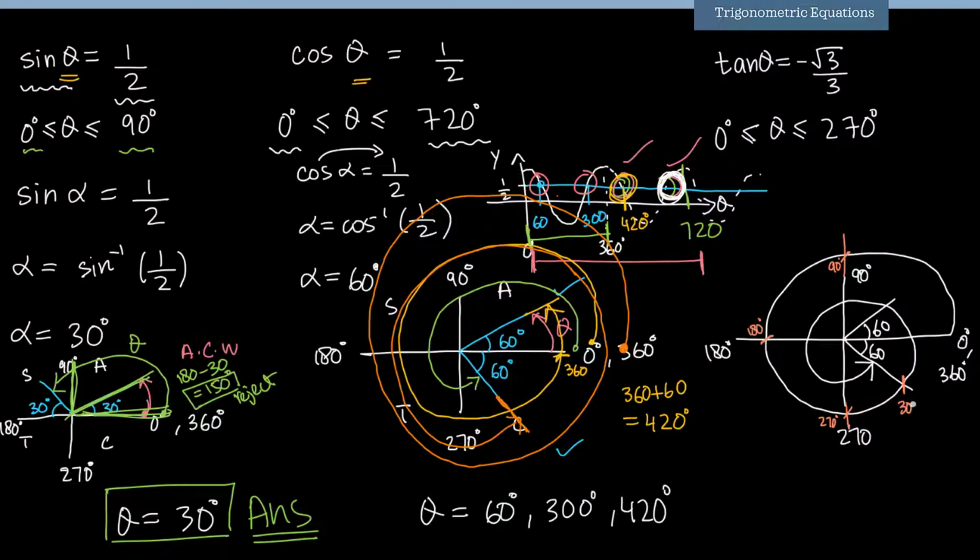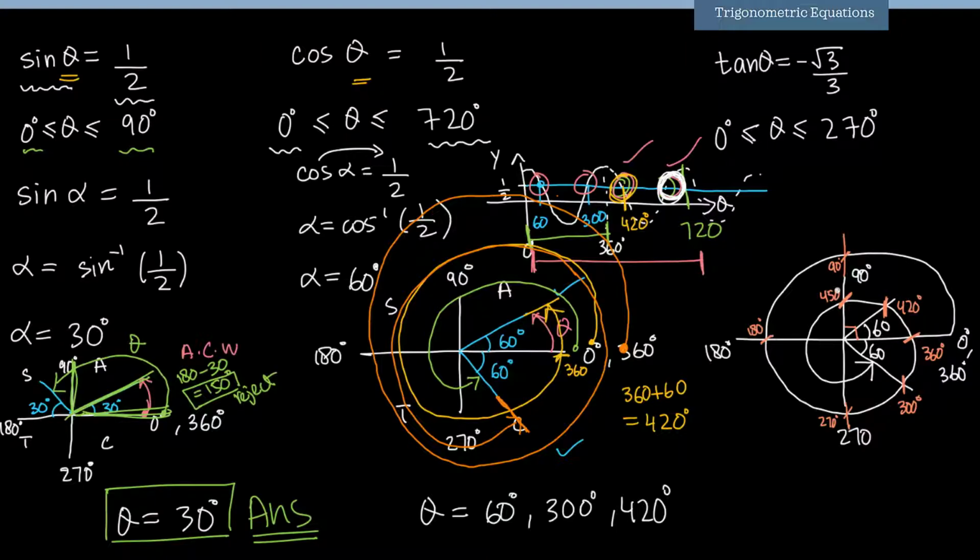So 300 here, and at this point, this is one complete cycle. So at this point, I would get 360 degrees. And at this point, which is 60 degrees greater than 360, I would get 420 degrees. This is my third angle. And up to here, up to this point, I would get 360 plus 90 degrees because this is 90 degrees here. And 360 plus 90 is 450 degrees.